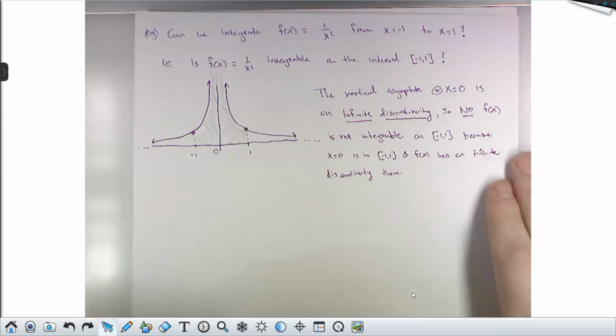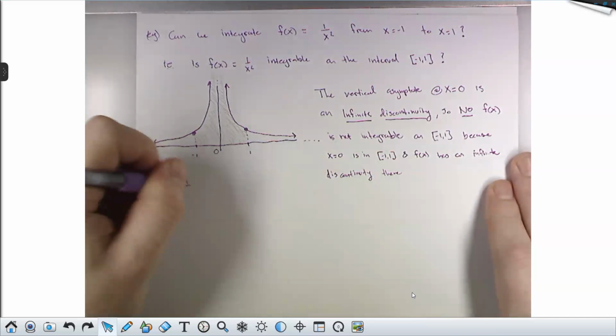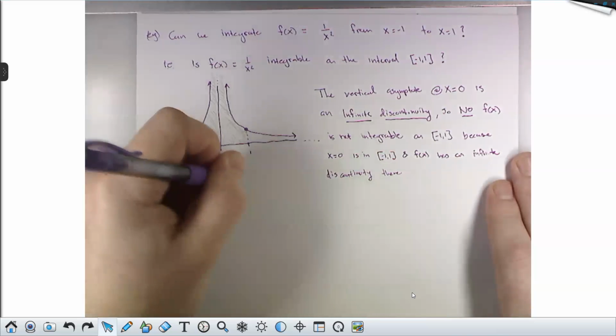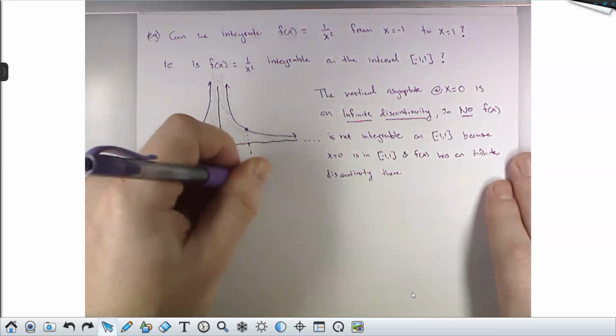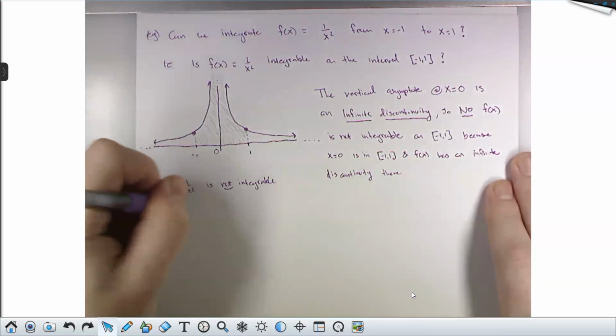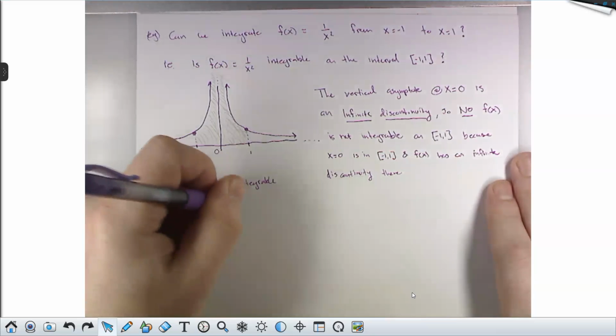What's more, f of x equals 1 over x squared is not integrable on any interval containing 0.